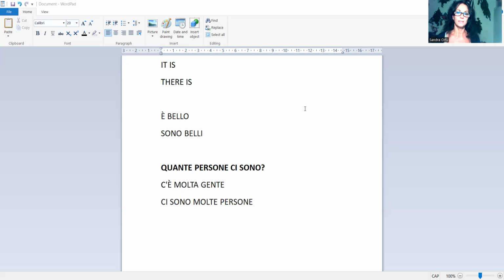So you just start the sentence with is. The example here is è bello. The other examples that I've given you, è interessante, it is interesting, è tardi, it is late, etc. The plural would be the plural of the verb sono, in this case, sono belli.